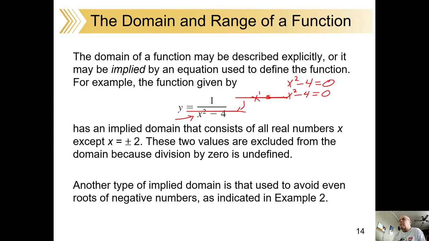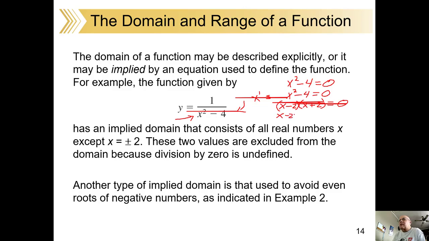So we're solving basically a quadratic. The easiest way to do that is factor that quadratic. This happens to be a difference of squares. That's how you factor it. It's supposed to be an x minus 2 times an x plus 2 equals 0. Set each one of those factors equal to 0.